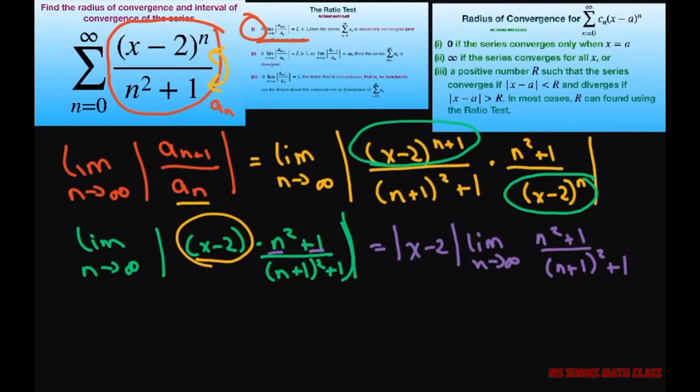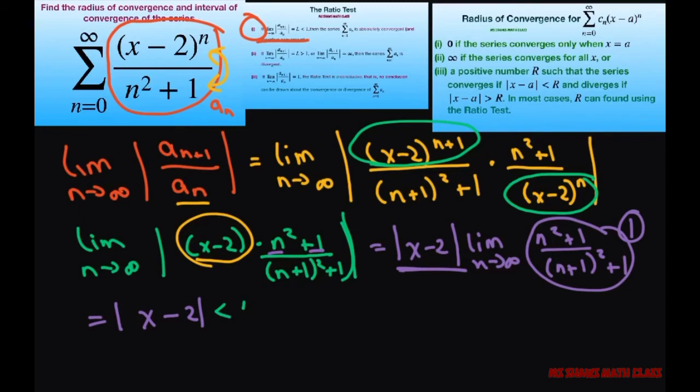So this is going to go to 1. So when you multiply x minus 2 times 1, we're going to get absolute value of x minus 2. So it converges when absolute value of x minus 2 is less than 1.